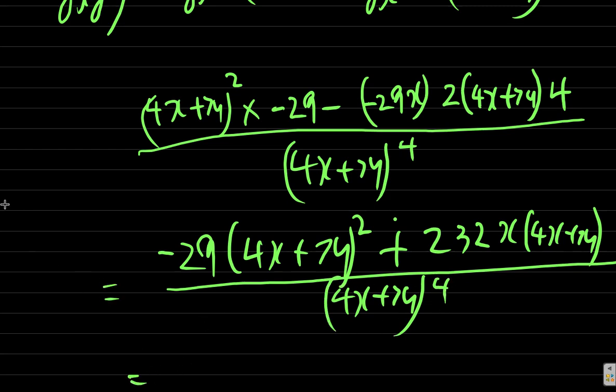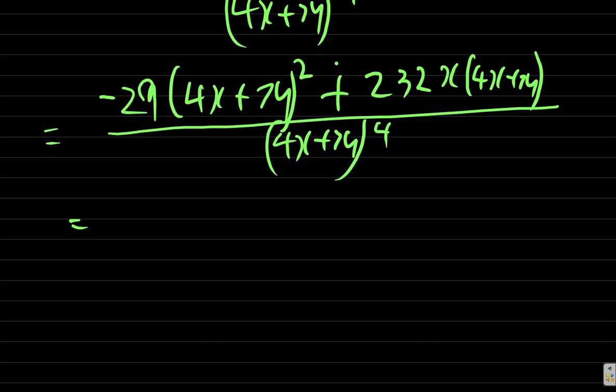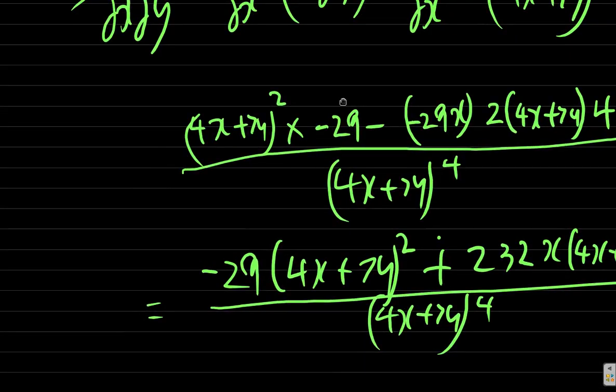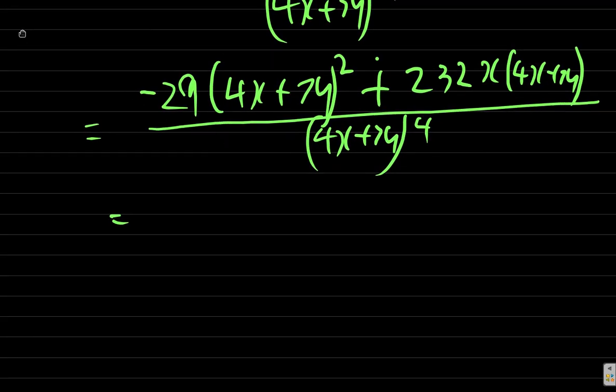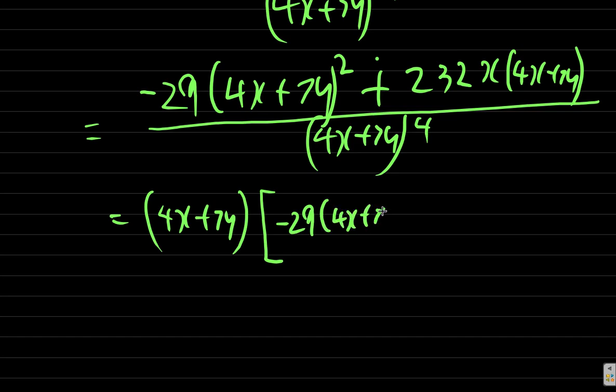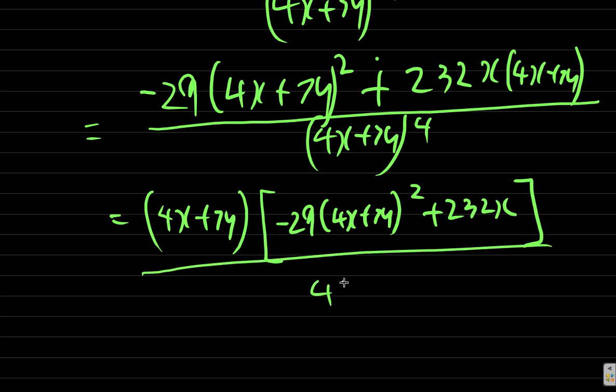But notice up top here, the 4x plus 7y, you have a square and you have a single one out here. It can be factored out. Can factorize it. 4x plus 7y times negative 29 by 4x plus 7y squared plus 232x over 4x plus 7y to the power of 4.